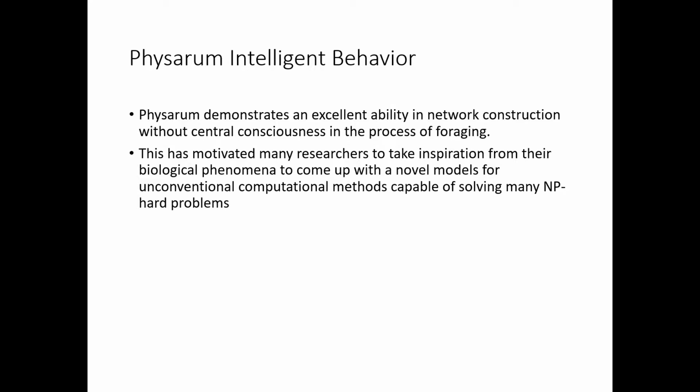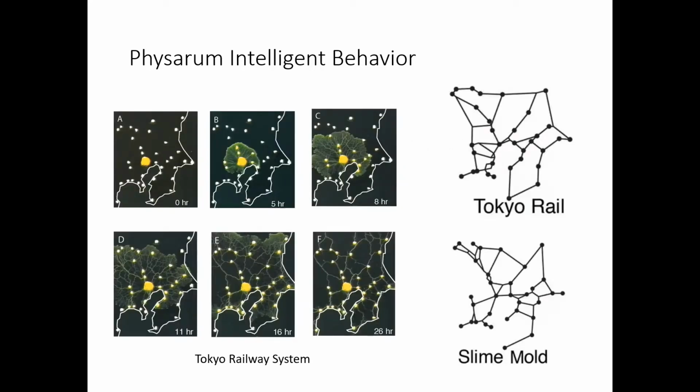This has inspired many researchers to come up with novel models for unconventional computational methods capable of solving many NP-hard problems. As you can see here, this is a real biological experiment where they made a simulation of the Tokyo map. They placed all the cities as food resources, and then Physarum starts to forage for food, expanding and shrinking to make an optimal network.